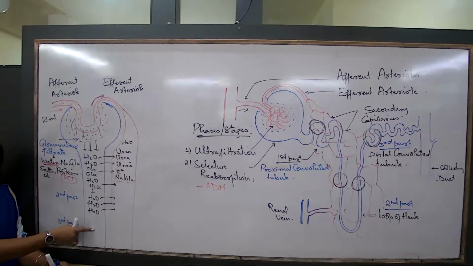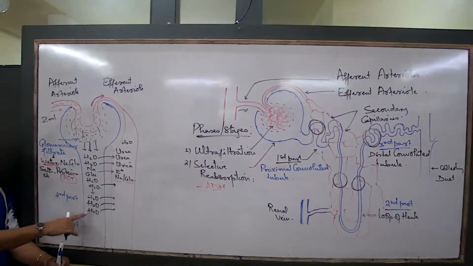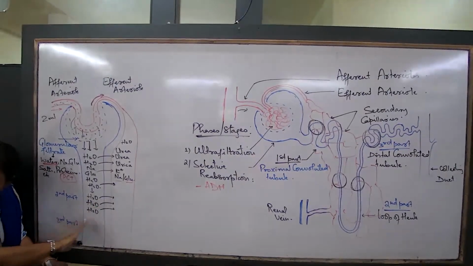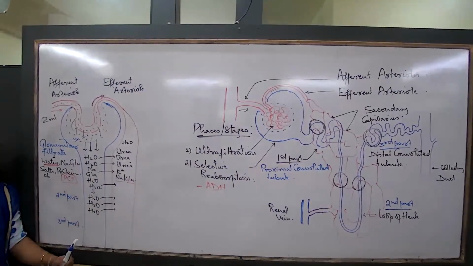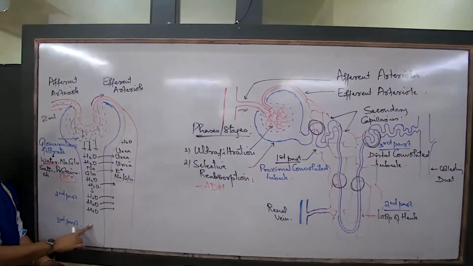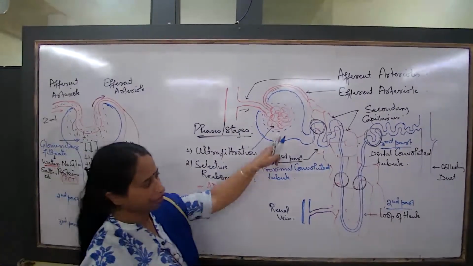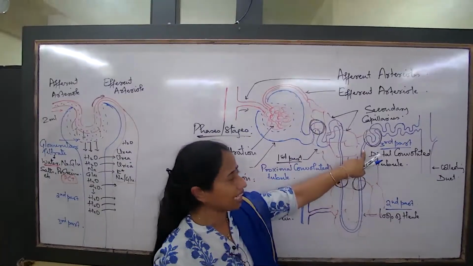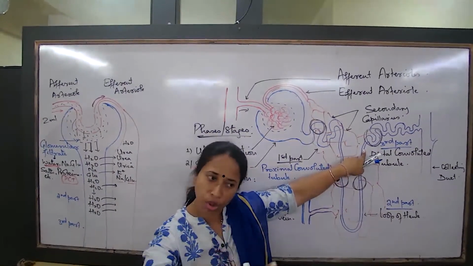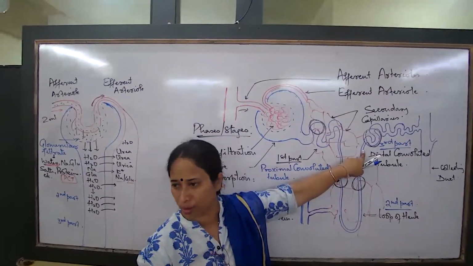Now that we are talking about this fluid coming down to the loop of Henle, here a large amount of water reabsorption will still go on. By the time the fluid has come down till here, from the fluid, a huge amount of water has gone back to the blood.